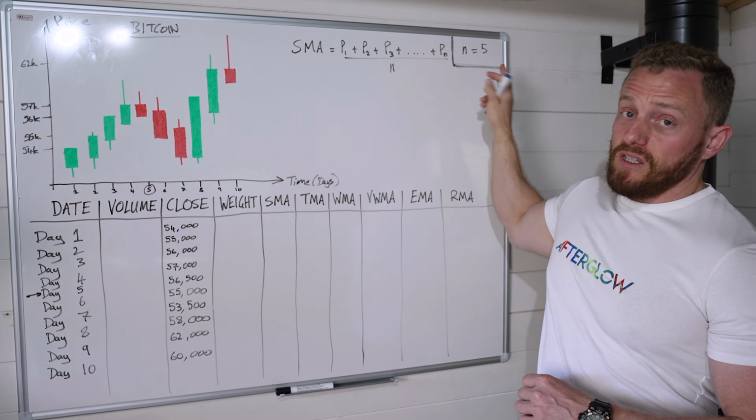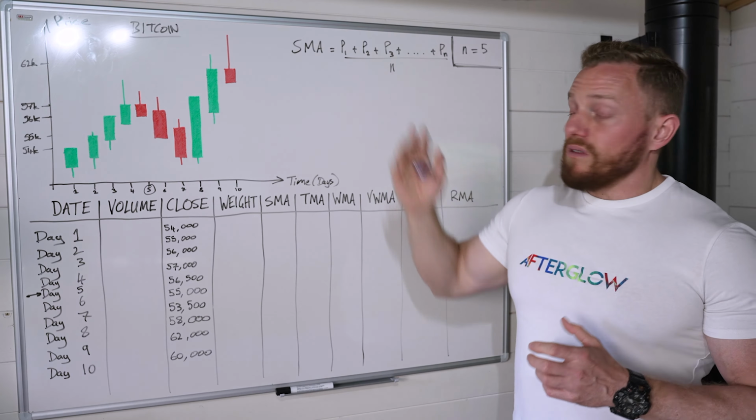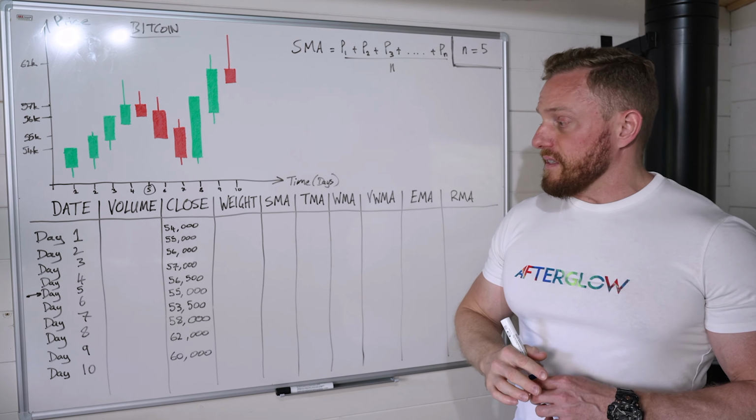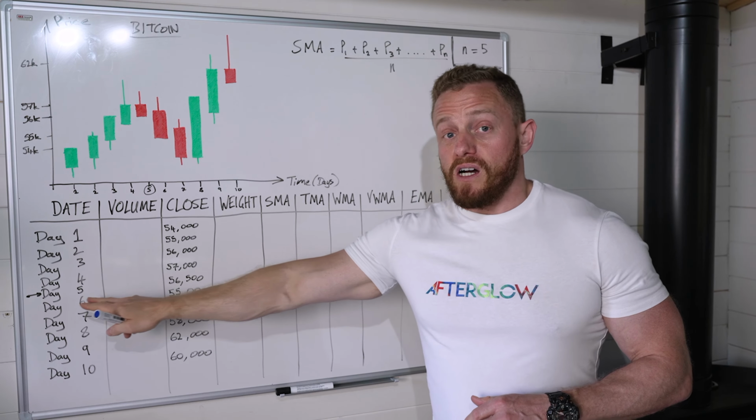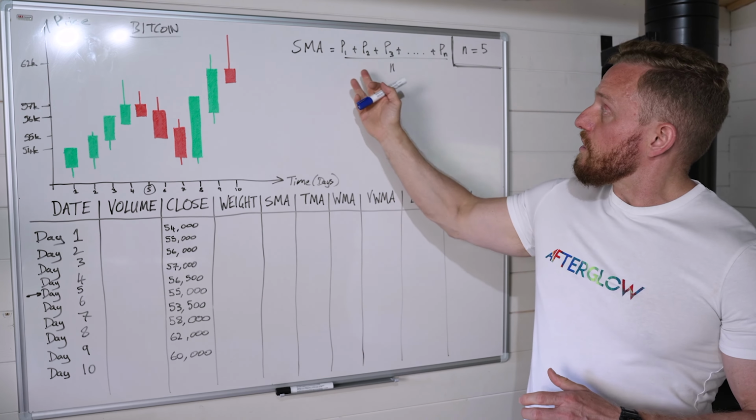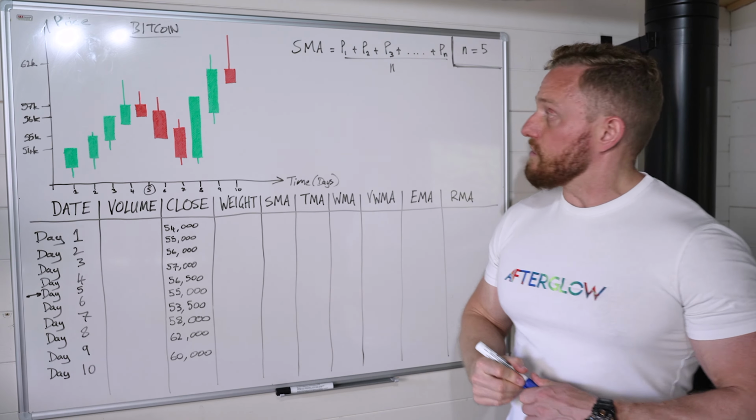So N equals 5. And to calculate the SMA for the first point, day 5, we just plug in these values.